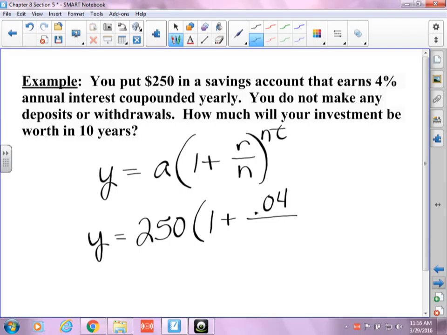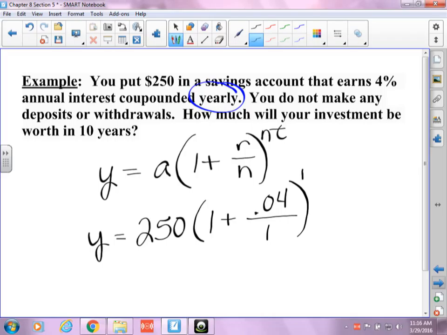It says that it's compounded for 10 years, but how is it compounded? Is it monthly? Yearly. So what do I put in for that? I'm going to put in a 1. See it? Okay. Then I'm going to put in a 1 up here because my Ns are the same, right?